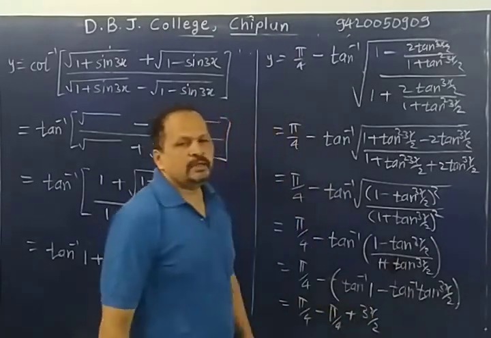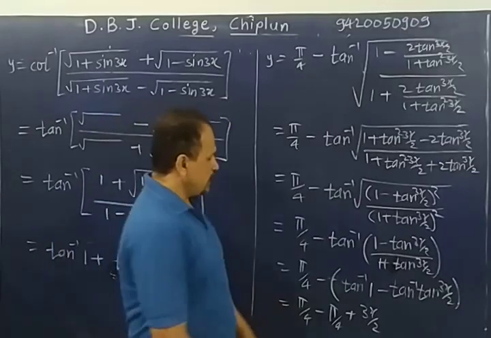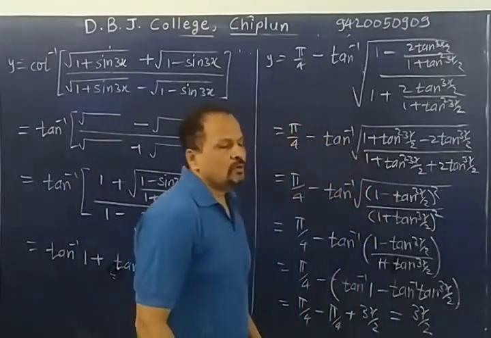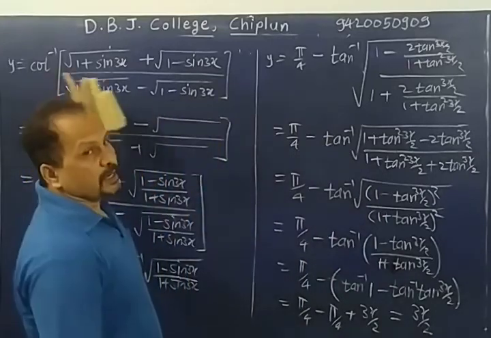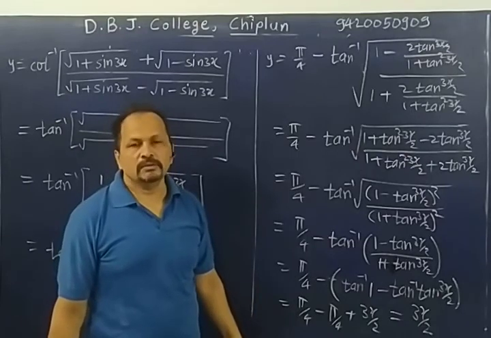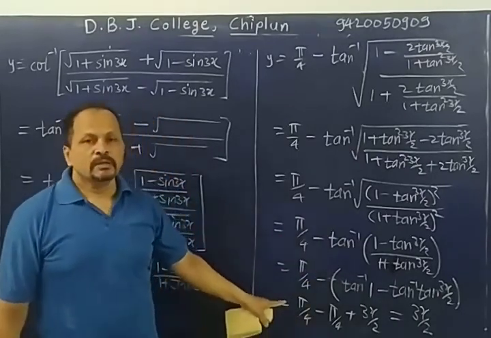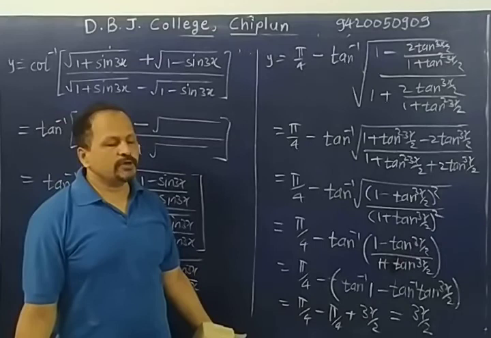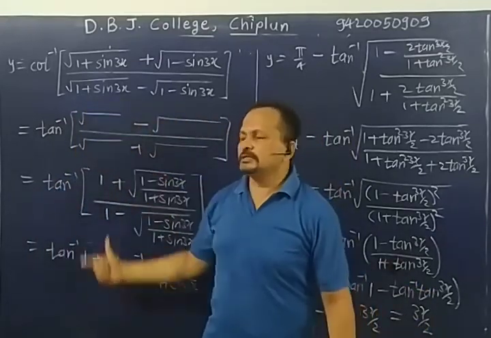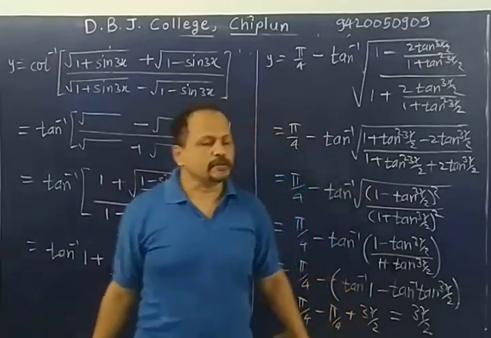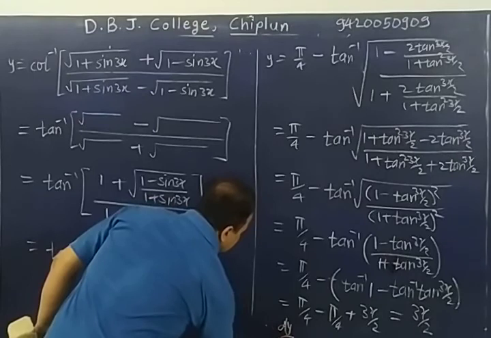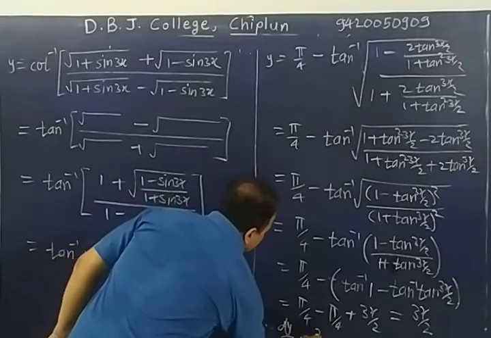Tan inverse tan cancels each other and you have only 3x by 2 left with you for y. Remember that no derivative is involved till this step. Now the derivative procedure is very simple. You have to find the derivative of this thing only. All the work we did here is trigonometry, and therefore dy by dx is equal to 3 by 2.